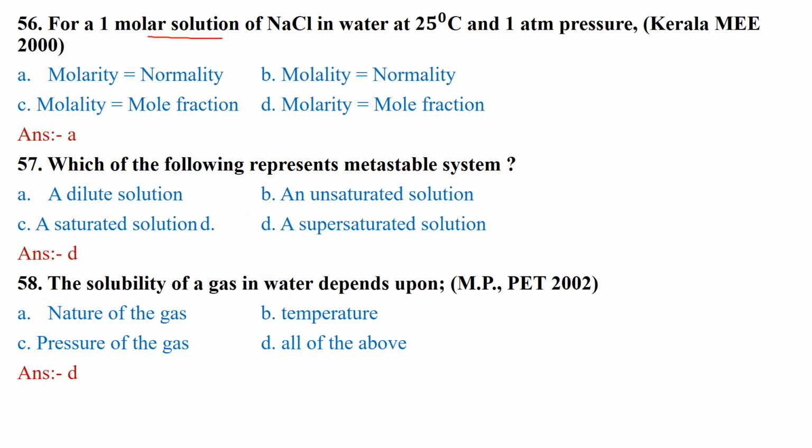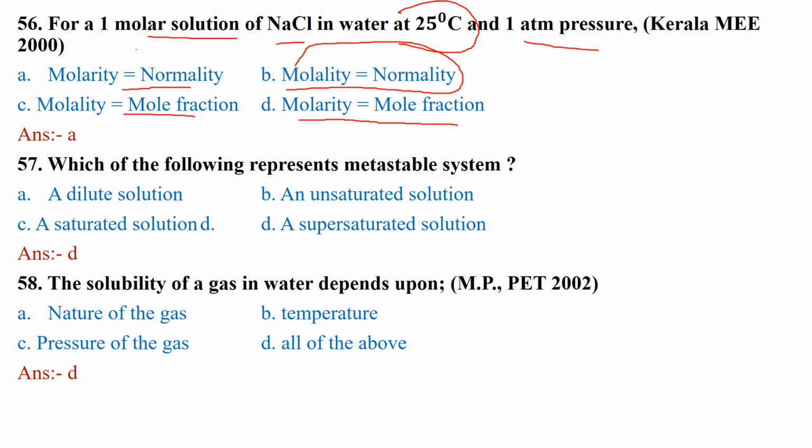For a 1 molar solution of sodium chloride in water at 25 degrees Celsius and 1 atm pressure, at these conditions, molarity is equal to normality. Molality is not equal to normality. Molality and mole fraction could not be equal, so molarity and mole fraction are not equal terms.